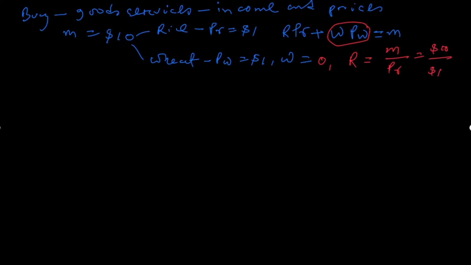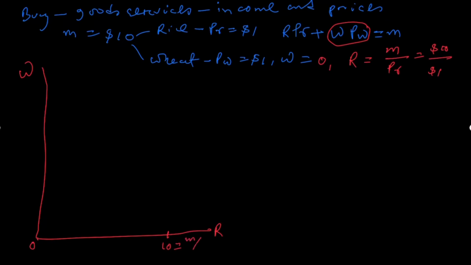We can draw the figure. The horizontal axis is rice and the vertical axis is wheat. If I spend all my money income to buy rice, I can buy 10 LB, so that is 10, the intercept M by PR.